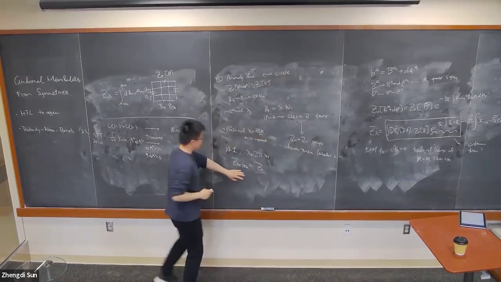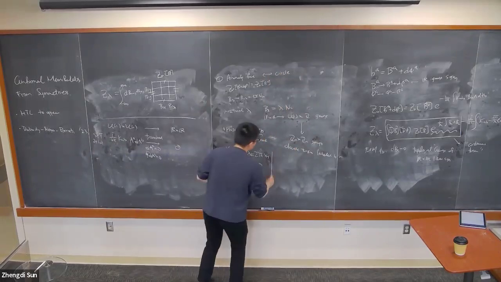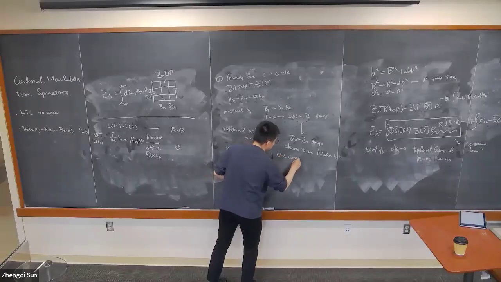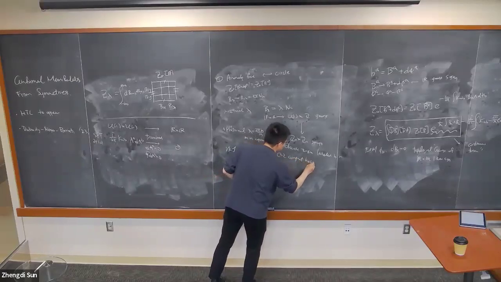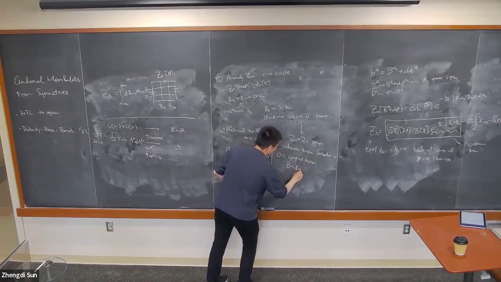Okay, so you can ask, how can this happen? One intuitive example is to consider c equals 2 compact bosons. Remember, there's a B field, and the B field is 2 pi periodic.